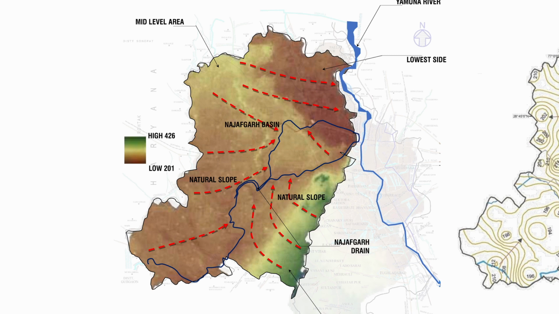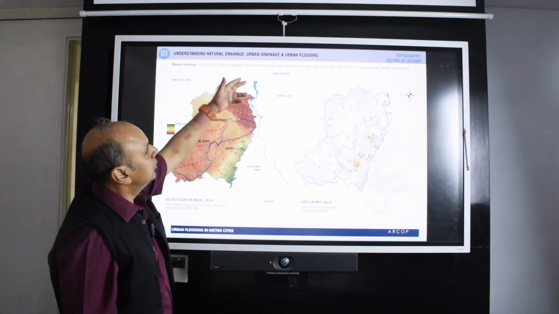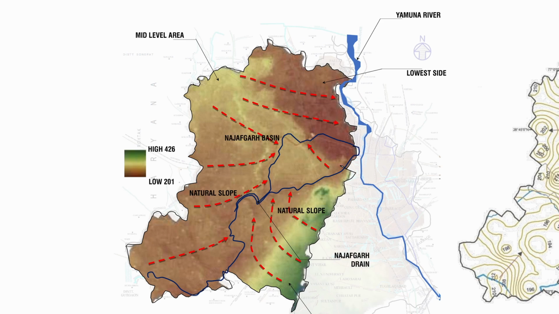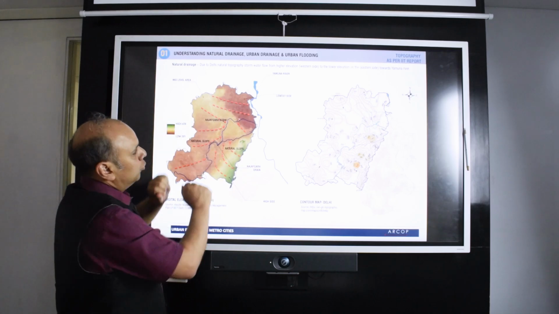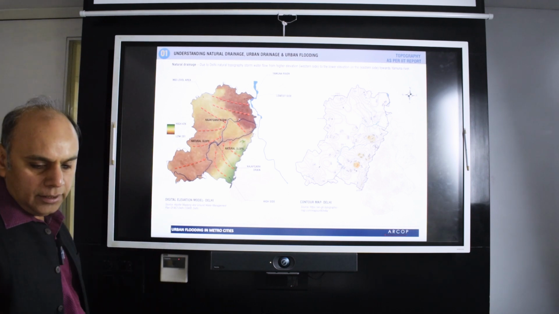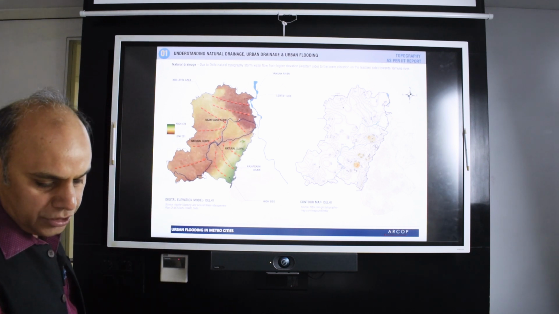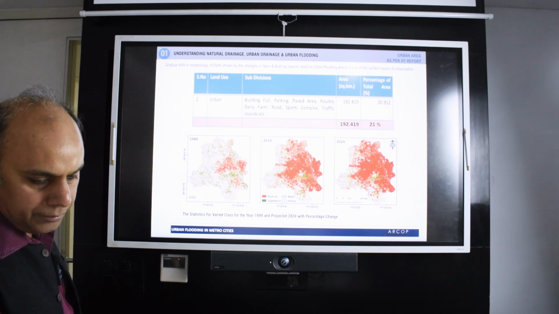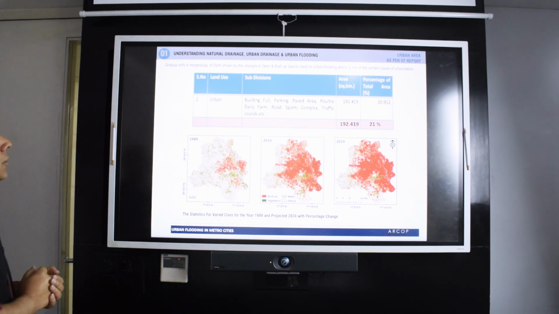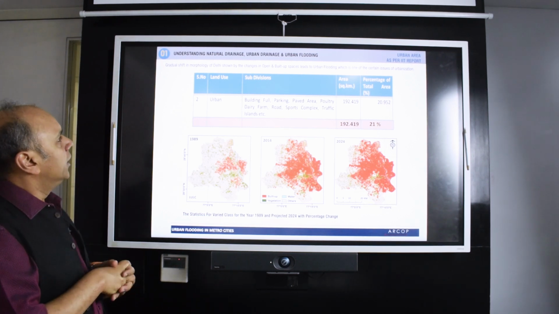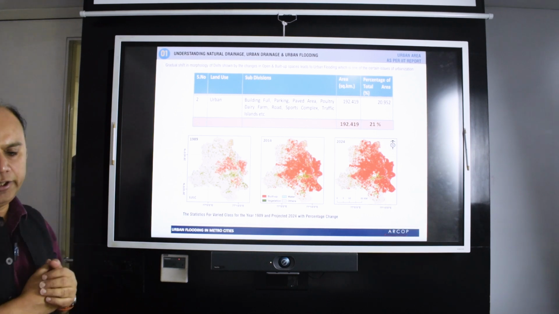There is some part which goes directly into the Yamuna. This is river Yamuna. That's the entire Delhi. This is the plain that slopes into the Najafgarh drain, and then the water finally flows into the Yamuna from the Najafgarh drain.